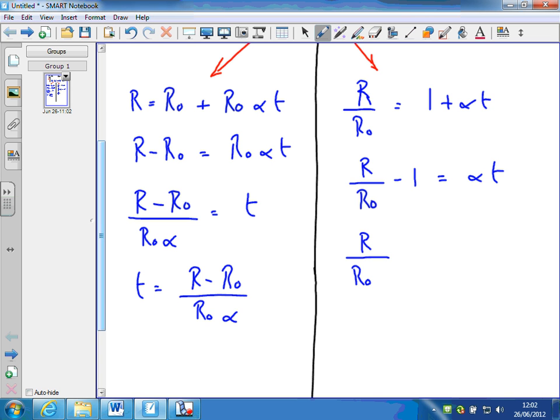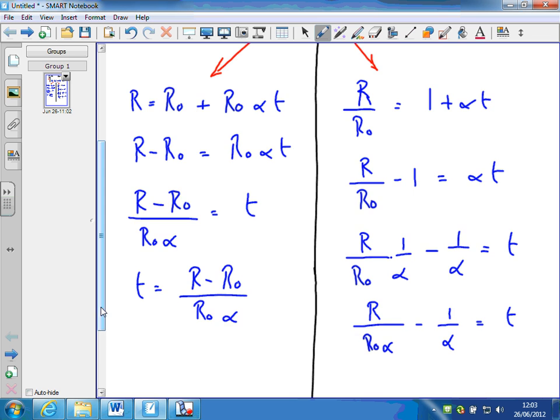Now dividing by alpha is the same as multiplying by 1 over alpha. So the alpha actually goes underneath with the R0. Minus 1 divided by alpha equals t. So R over R0 alpha minus 1 over alpha equals t.